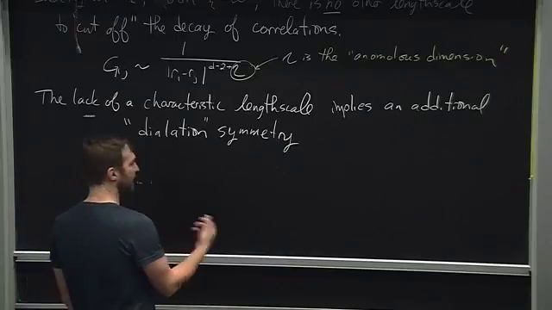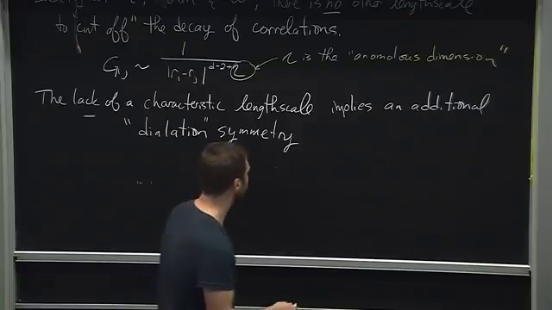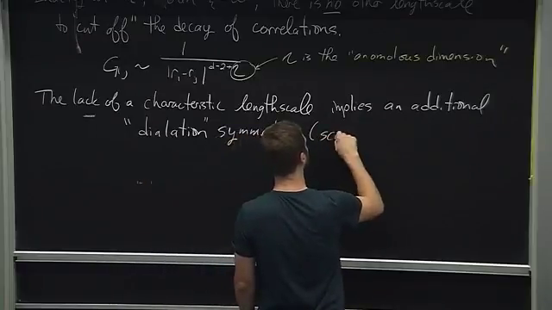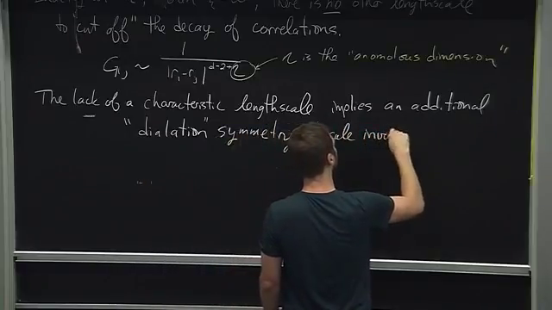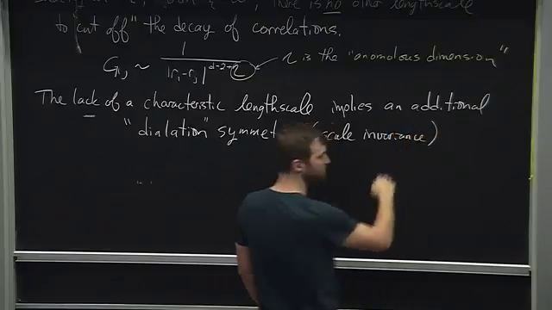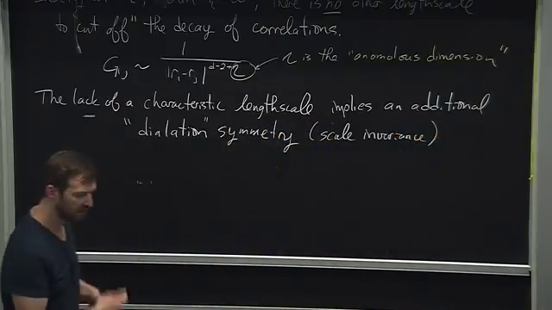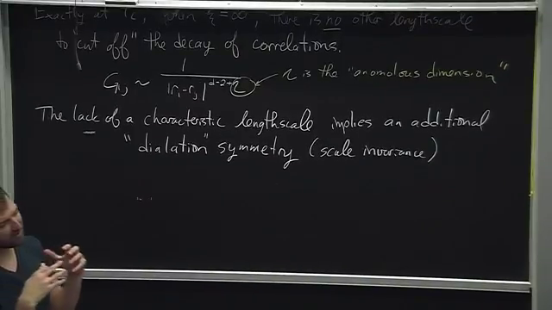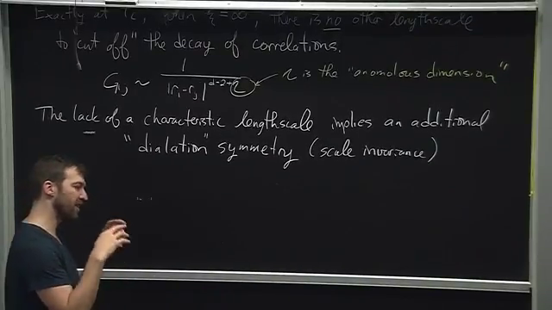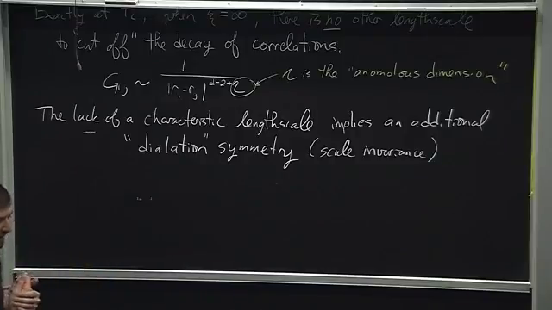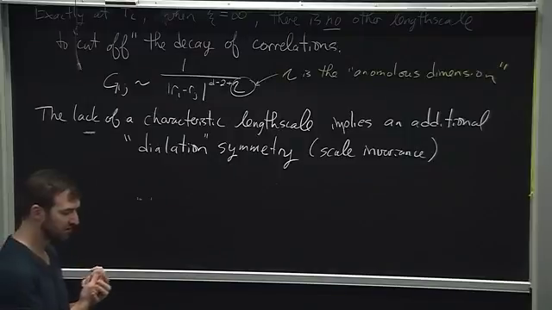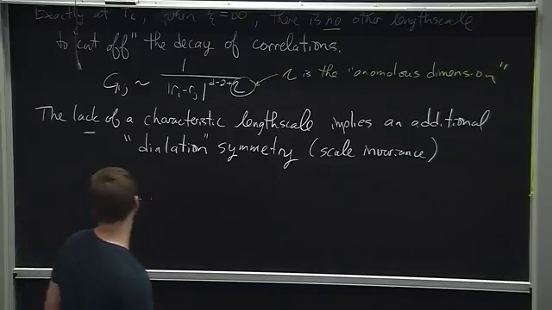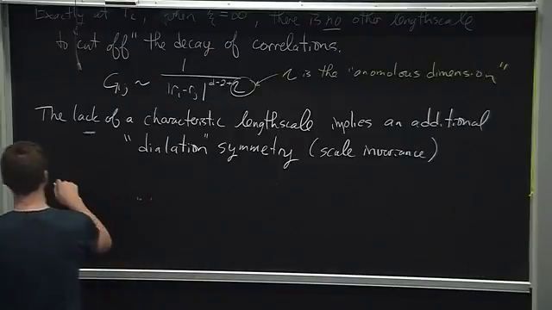It's the same as saying scale invariance. So when we constructed the Landau theory, we used local symmetries, local in the interaction, but we didn't include any sort of dilation symmetry. If we did, it would work.